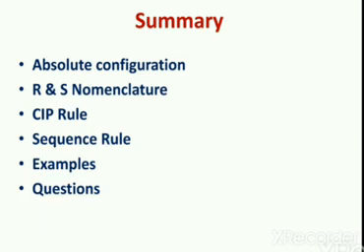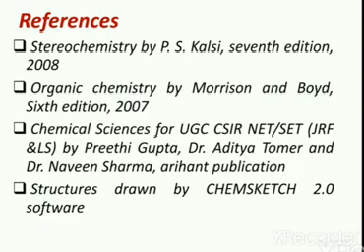And we have worked out some examples to find the RS nomenclature, and we have discussed some of the questions here. For this, I have referred to some reference materials which I have given here. Thank you.